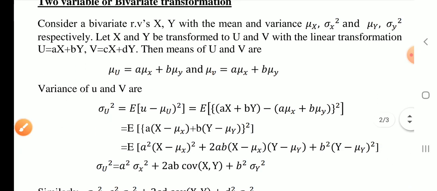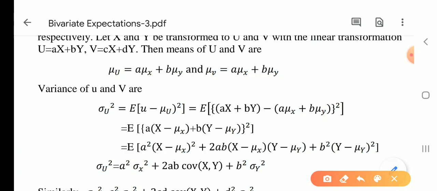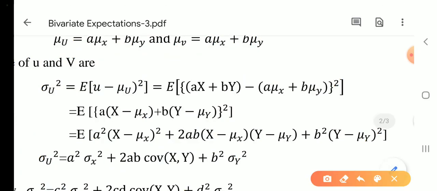Now let us find the variance. Variance of U is written as sigma u square. We already know that sigma u square can be written as E of (U minus mu u) whole square. The value of U is aX plus bY, minus mu u, which is a into mu x plus b mu y, whole square.